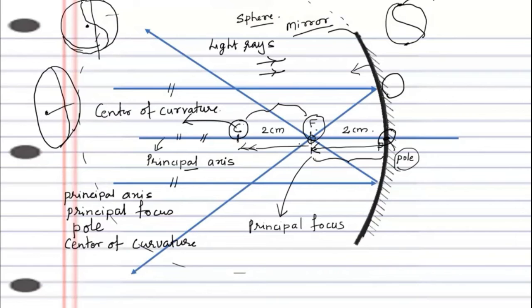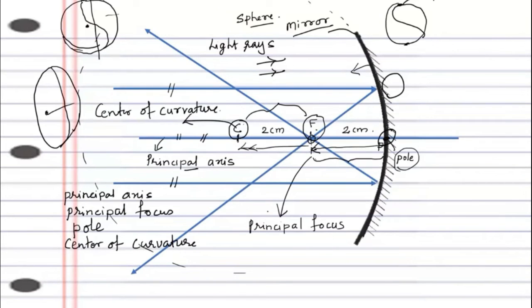They will reflect and they may pass through different points. That's why, while explaining the principal focus, we need to specify light rays which are parallel to the principal axis, converge from the concave mirror and meet at a point which is called the principal focus.